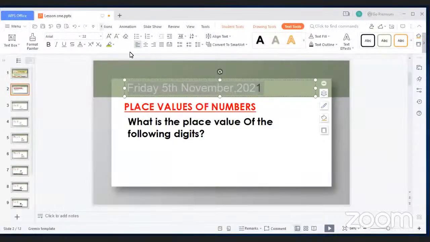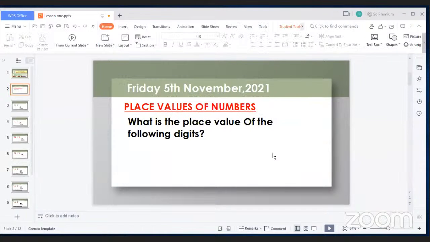Mainly place values. Okay, so when we look at place values, we have two words here.